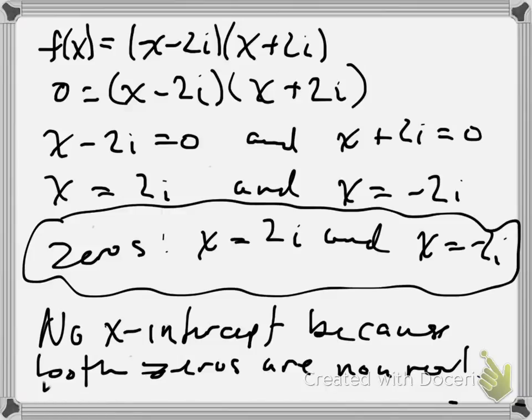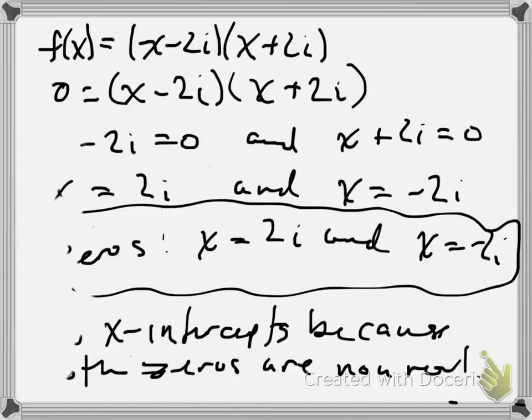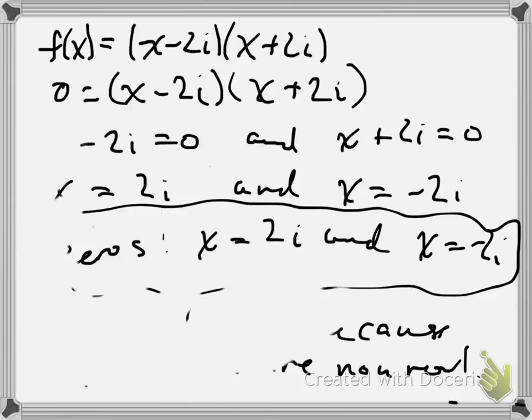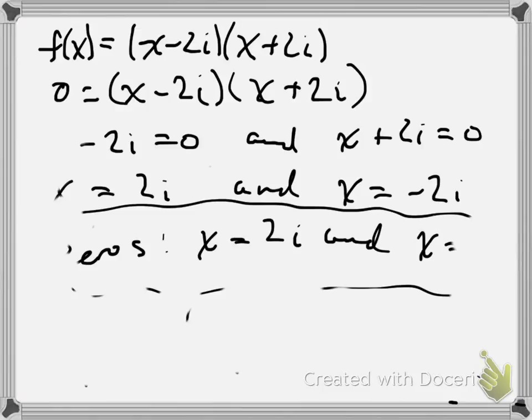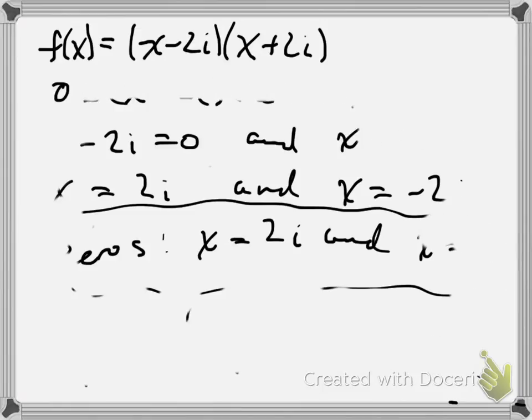Alright, so no x-intercepts because both zeros are non-real. Alright, now what we want to do next is write the polynomial in standard form. This is in factored form.